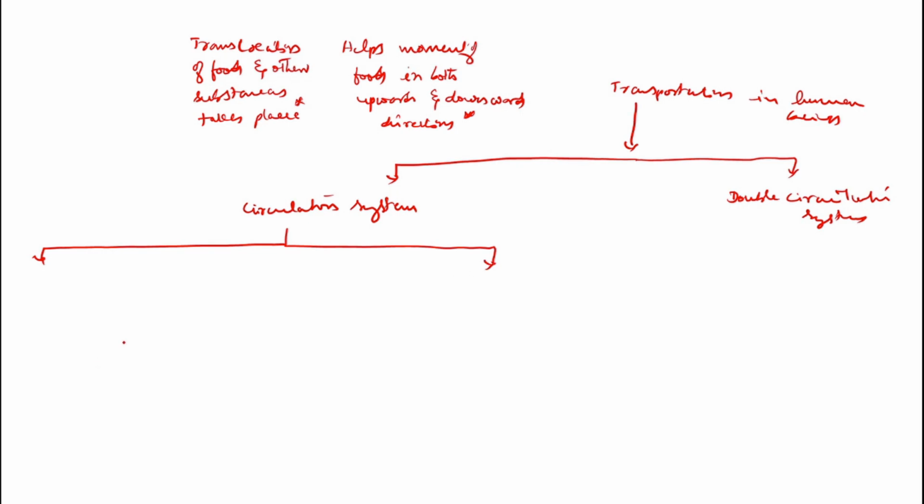So in the circulatory system, it includes heart, blood vessels, blood and lymph vessels.